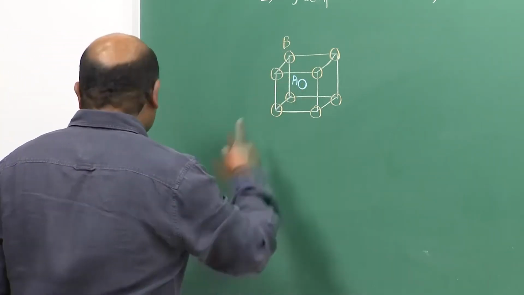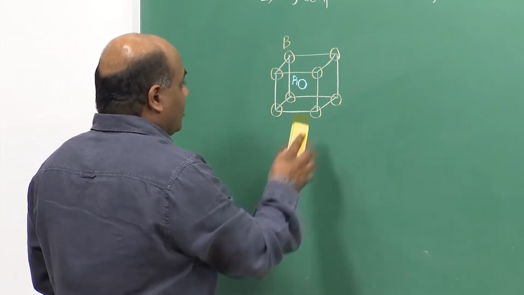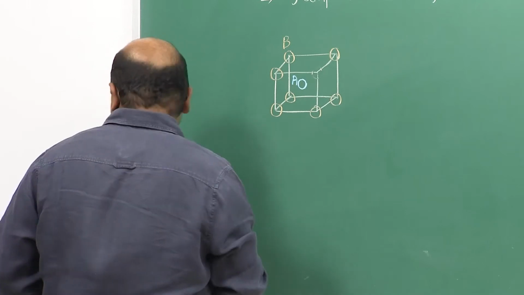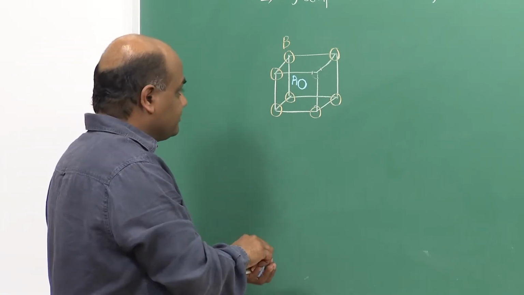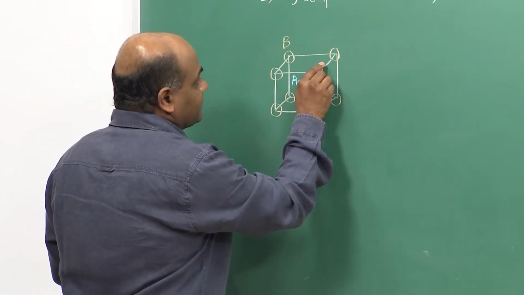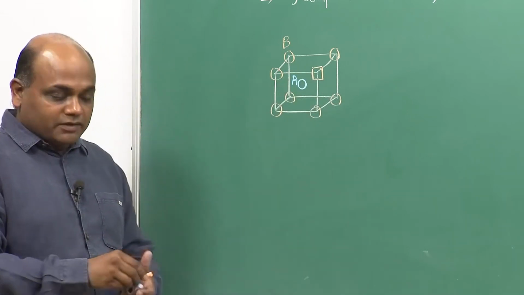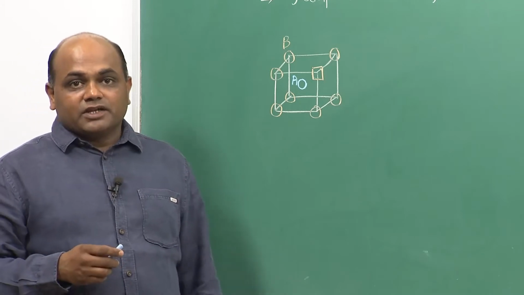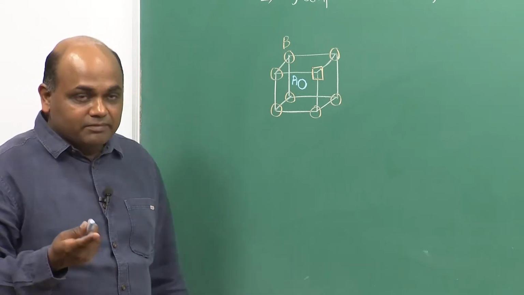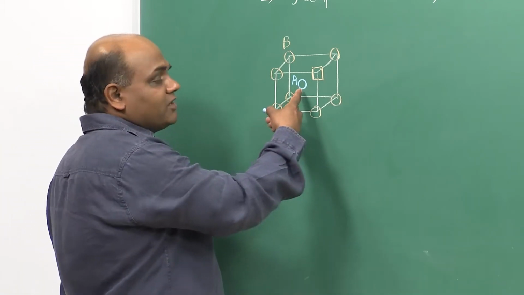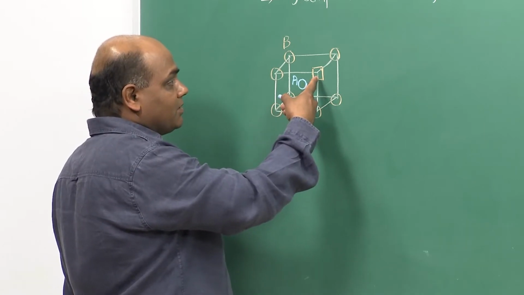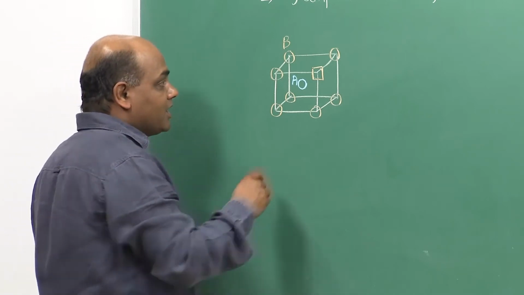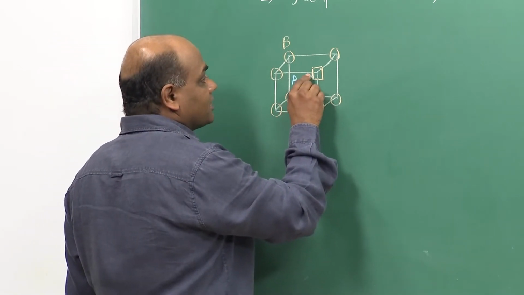If there is a vacancy on a B sublattice, let us denote the vacancy by a square. Since all the nearest neighbors in B2 structure are of a different type, a different type of atom would jump into this vacancy by NNJ mechanism. So, type A atom can jump onto this nearest neighbor vacancy.